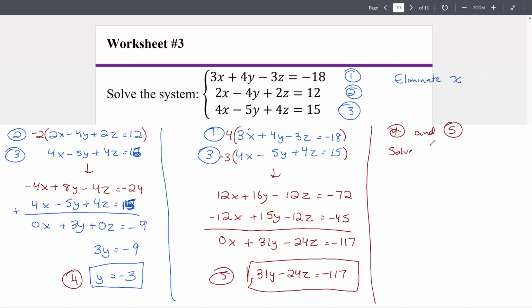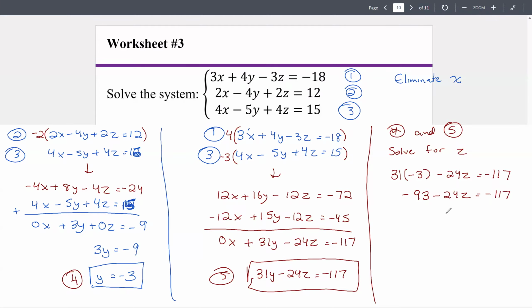So we're just going to solve for z. So I got 31, and we said y is negative 3, so 31 times negative 3 minus 24z equals negative 117. So 31 times negative 3 is negative 93 minus 24z equals negative 117.